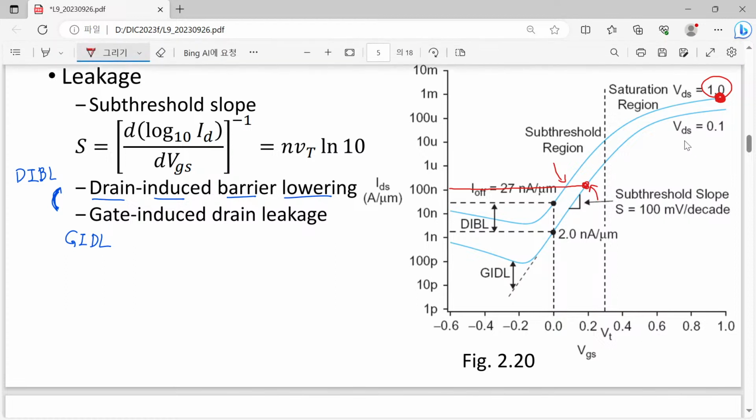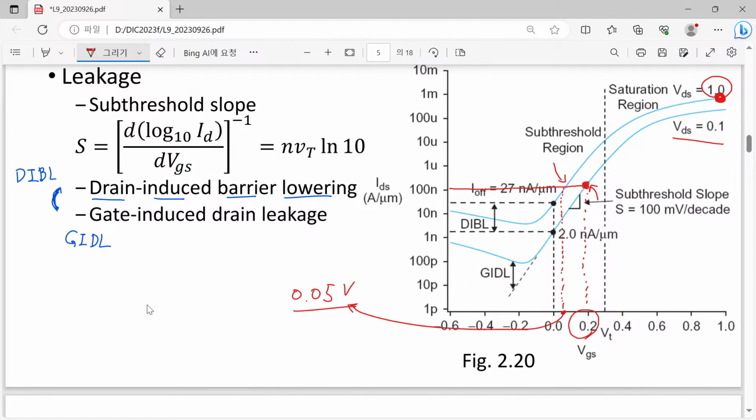In the case of VDS equal to 0.1, we needed a voltage almost close to 0.2. However, when we have a drain voltage quite close to 1.0, then our required gate voltage is just about 0.05 or whatever, a certain value.